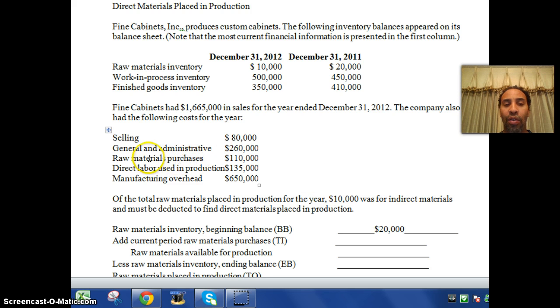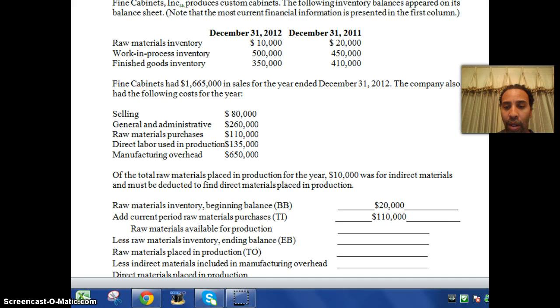Well, if you look around, you see raw material purchases. That looks like a transfer in to me because we purchased it, and now we have 110,000 more of whatever in our space. So we have 20,000 that we started with, and then another additional 110,000 that came from raw material purchases.